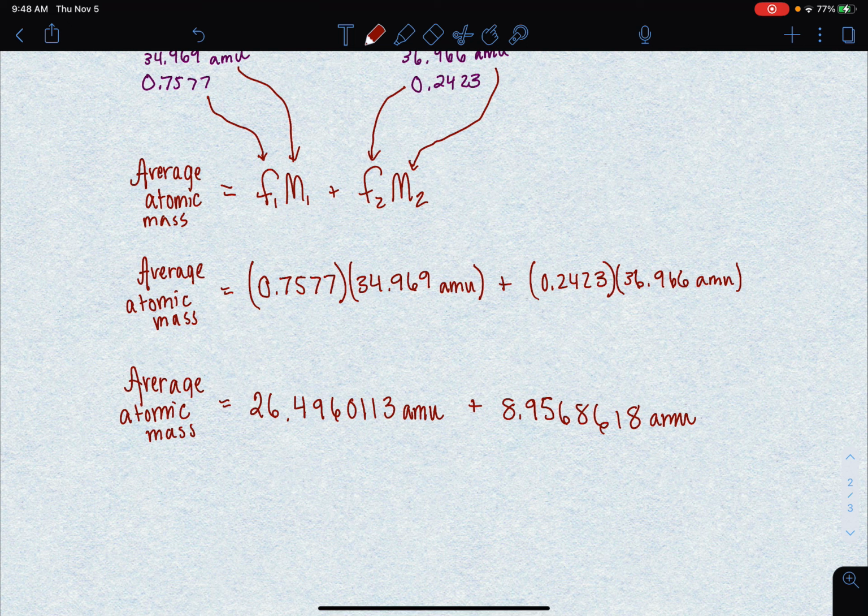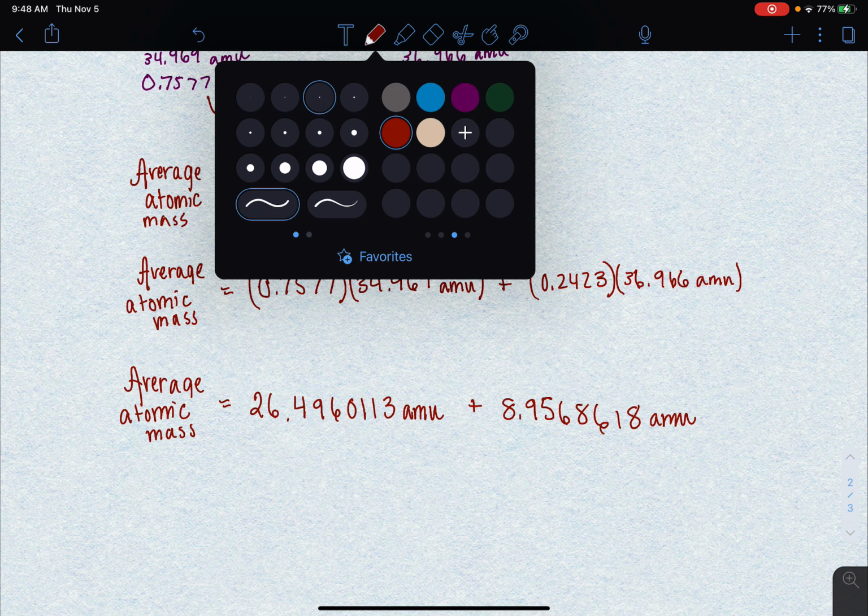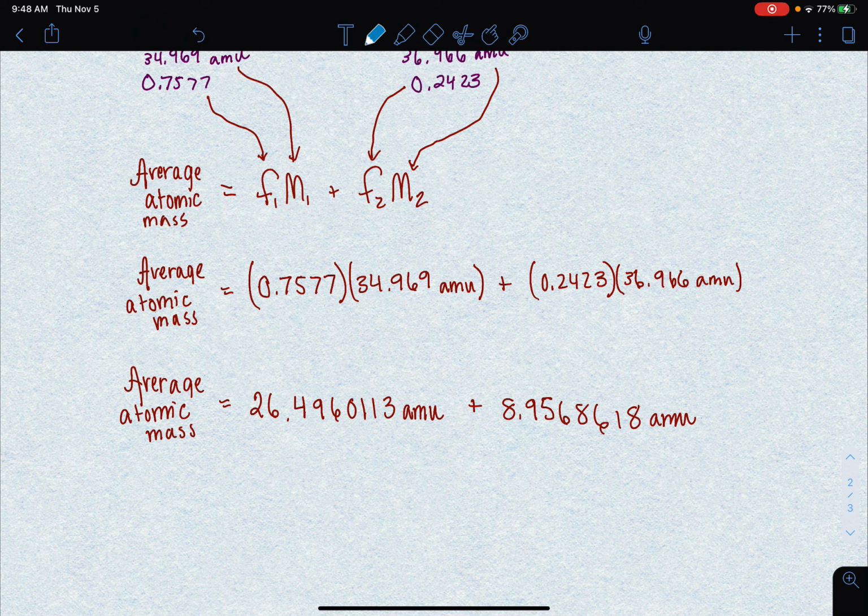So before we move on to the last step, let's keep track of significant figures. You always want to keep track of sig figs in every step of the math that you do. Remember, when you are multiplying two numbers together, it's the number of significant figures that you care about. Our first number here, 0.7577, had 4 sig figs, and we multiplied that by something that had 5 sig figs.